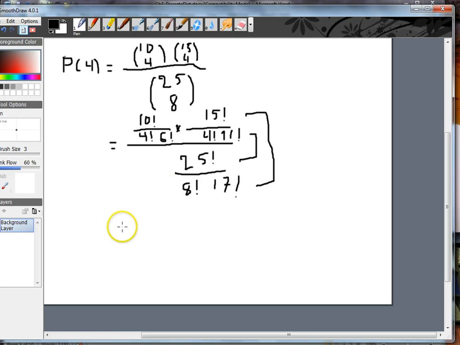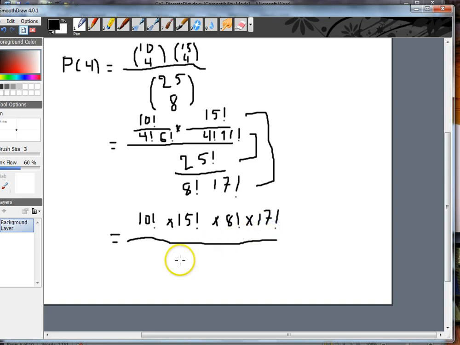So I'm going to have this long line: 10 factorial times 15 factorial times 8 factorial times 17 factorial over 4 factorial times 6 factorial times another 4 factorial times 11 factorial times 25 factorial.